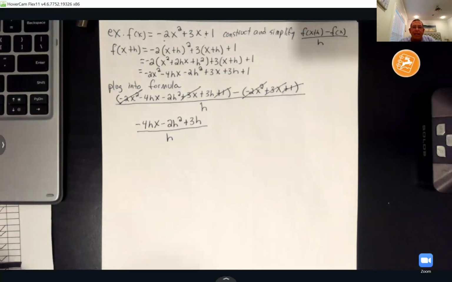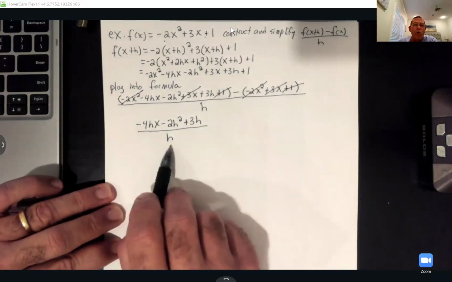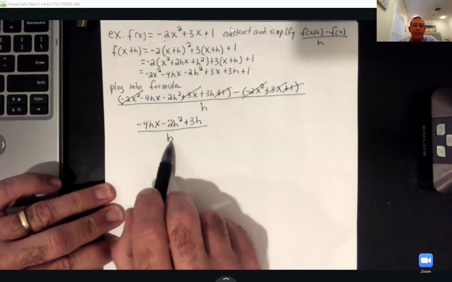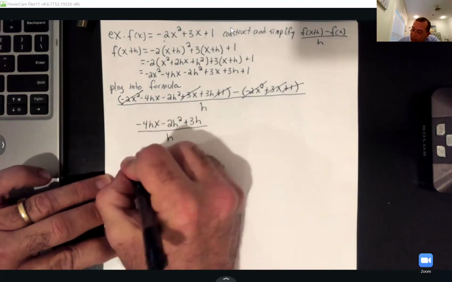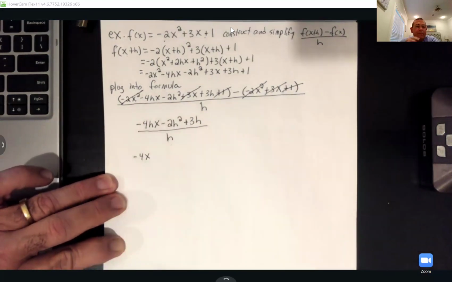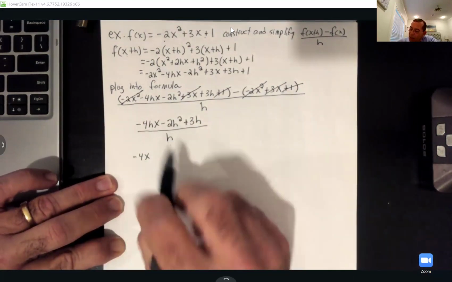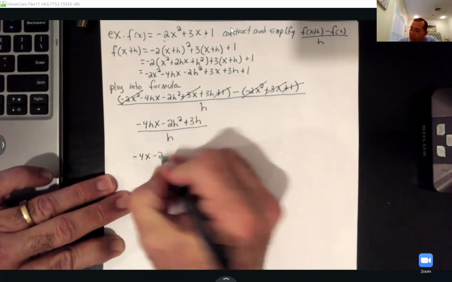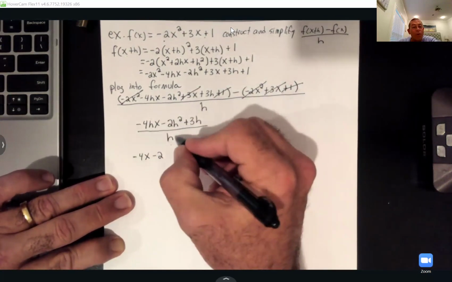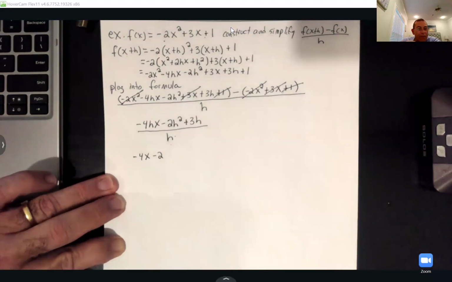All right, y'all, I'm seeing some chats coming in, so let's see what y'all say. So negative 4x, good, because the h's are going to cancel on the first one, so you're left with negative 4x. In the middle, the negative 2 comes down, and then you had an h squared over h, which left me 1h.